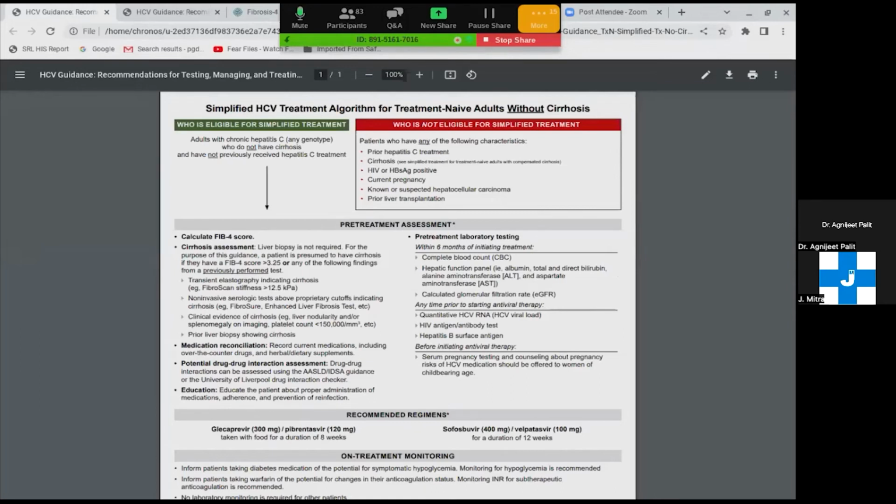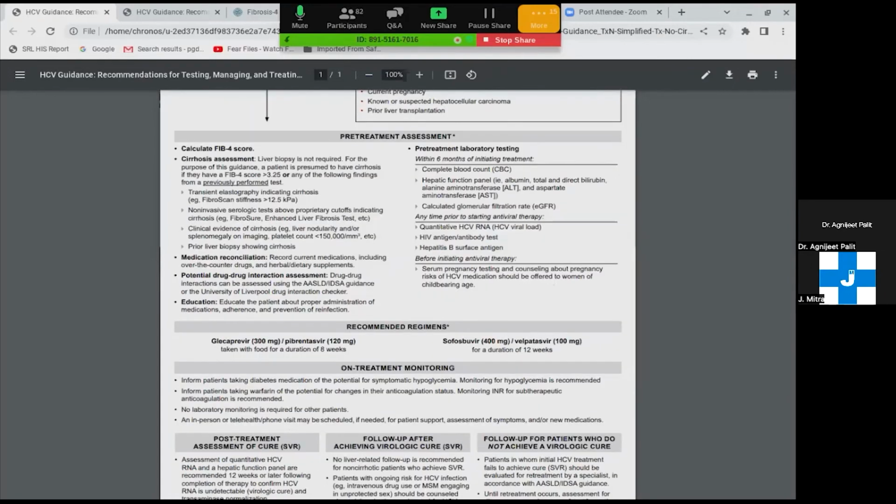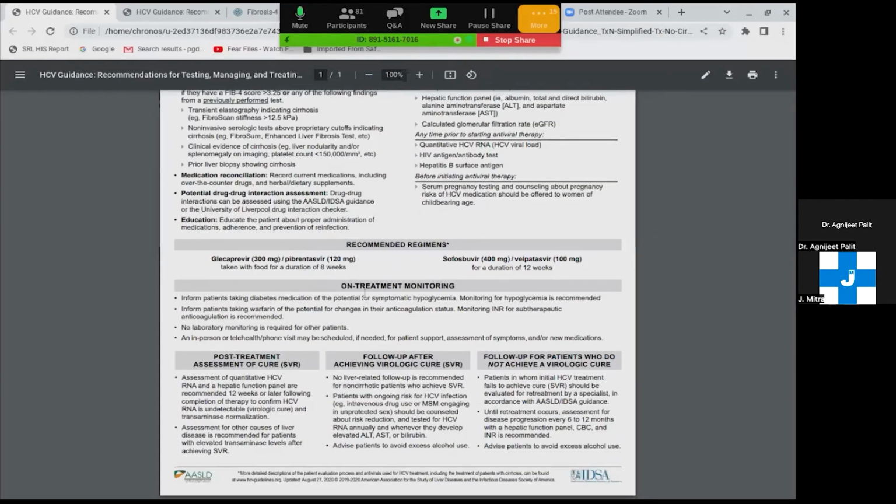For treatment-naive adults without cirrhosis, we must do the FIB-4 score, and it should be less than 3.25 to ensure that there is no cirrhosis. Pre-treatment, we do some basic testing like AST, ALT, GFR, and CBC, and the recommended regimens are either glecaprevir/pibrentasvir for 8 weeks, or sofosbuvir/velpatasvir for 12 weeks.